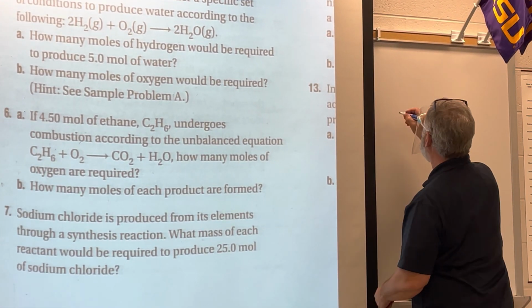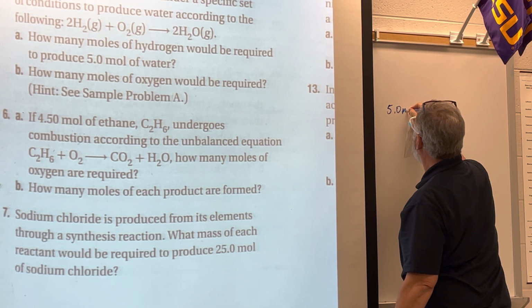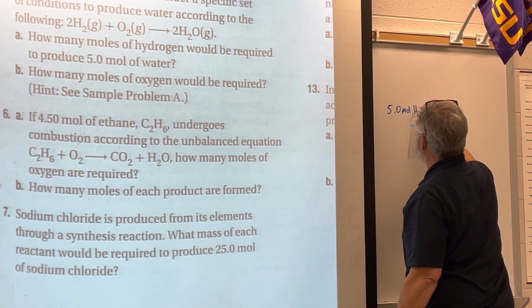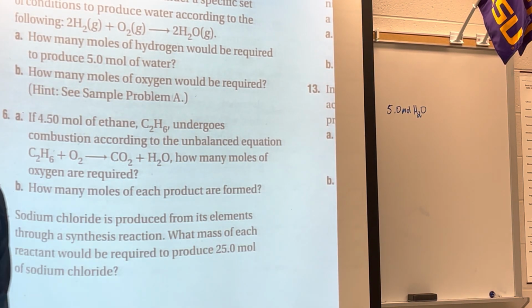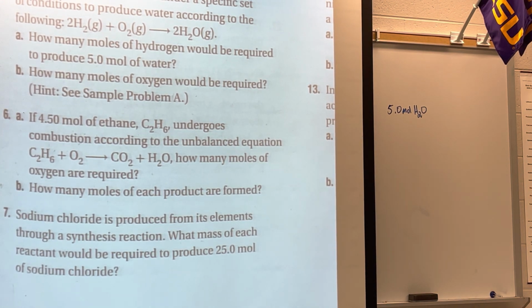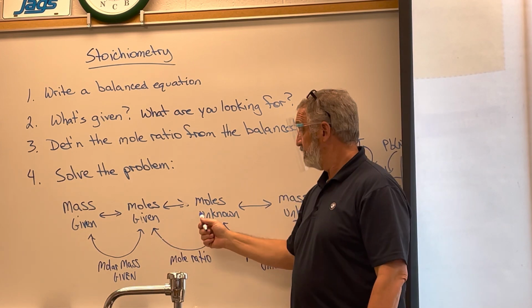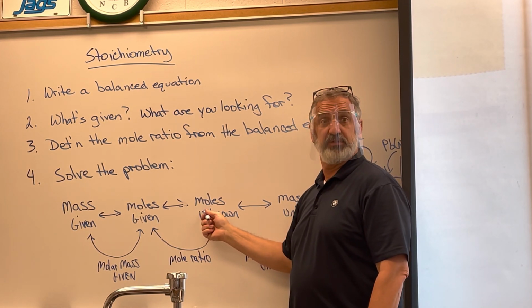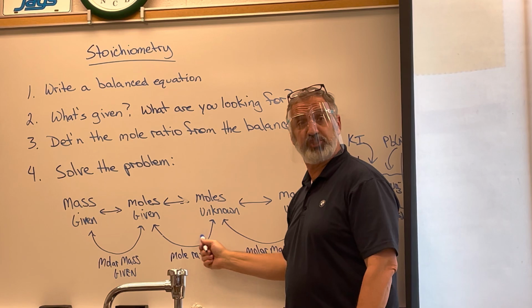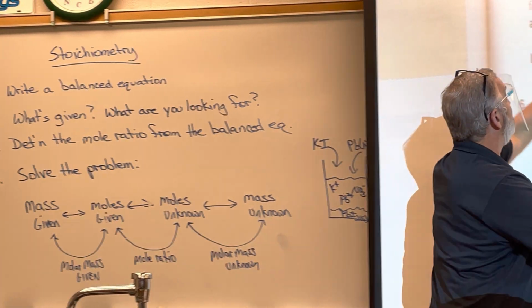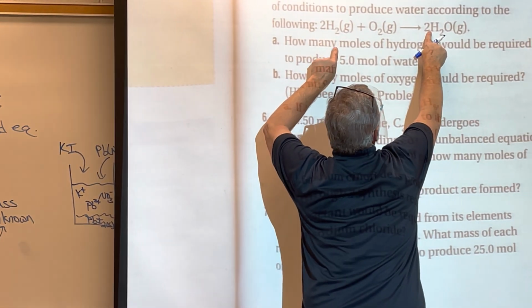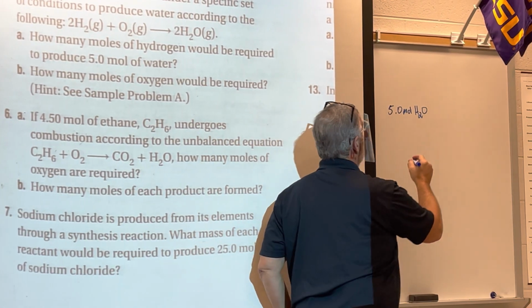So if I start with 5 moles of water, that's my given. I'm given moles of given. What am I looking for? Moles of unknown. So the only thing I need is this mole ratio, which is always the given and the unknown. This is the given, this is the unknown.